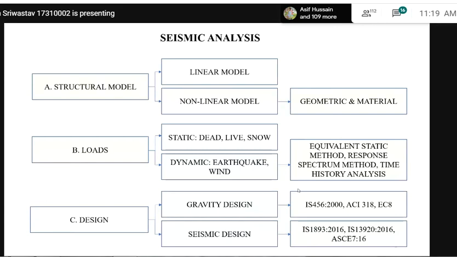The loads we take from IS 1893 and we design by using IS 13920. If you are looking for American code, it is ACI 318, and for European code, it is EC8. So these are very basic details.